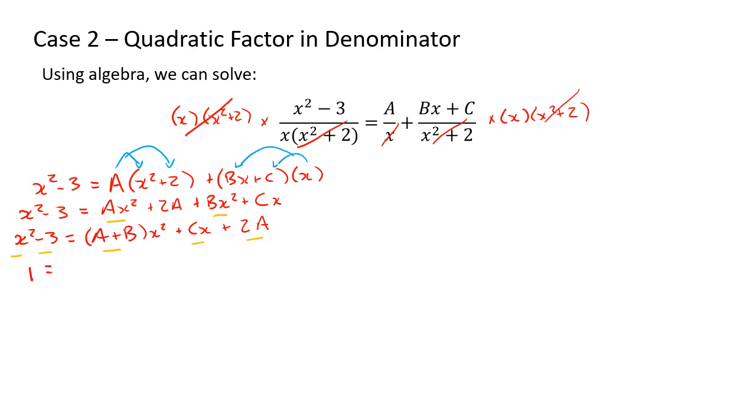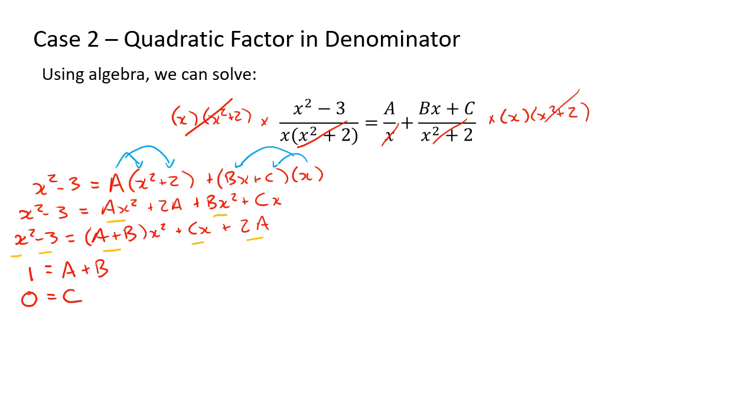So that has to be equal to a plus b, the coefficient behind the x squared term on the right-hand side. Similarly, there's no x term on the left-hand side, so the coefficient behind it would just be 0. So that has to be equal to the coefficient on the right-hand side, which is c. So you can see that c has to be 0. If there's no x term on the left-hand side, there can't be an x term on the right-hand side, or this equation will never be equal.